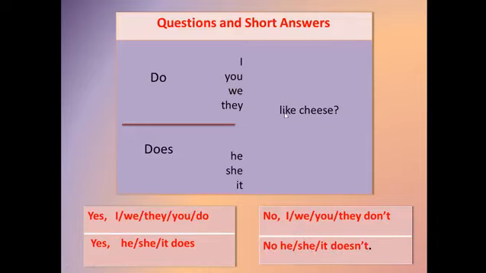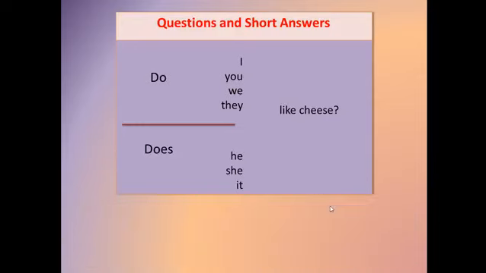Okay? Does he like cheese? No, he doesn't. Does she like cheese? No, she doesn't. Does it like cheese? No, it doesn't. Okay? So this is how I form a question and answer it in the present simple, either in the affirmative if I want to say yes, or in the negative if I want to say no.